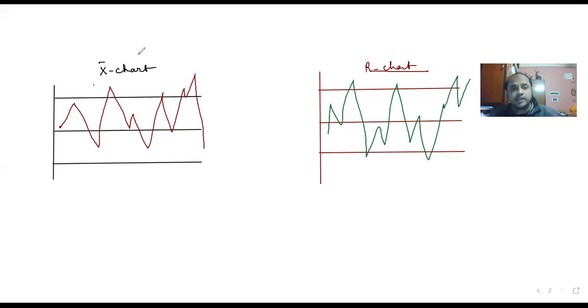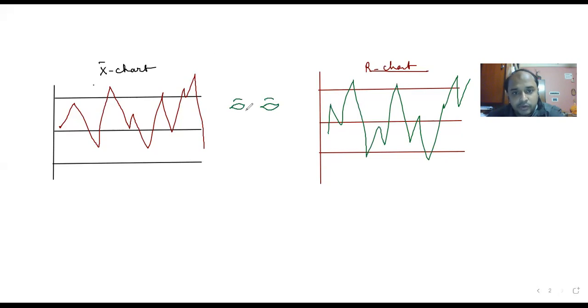There are some softwares where the R chart and X bar chart can be plotted side by side, and what people see is this. Let me draw an eye, that is you.